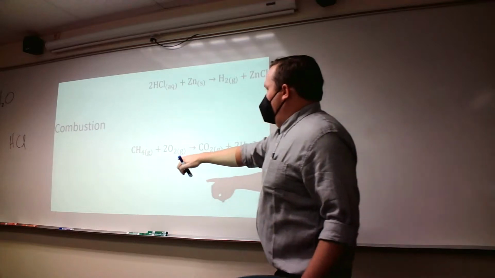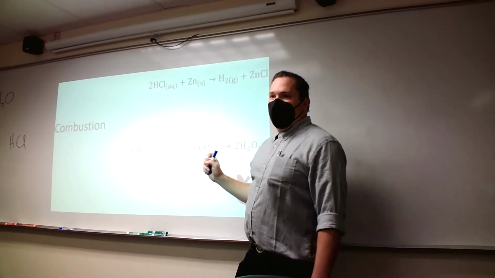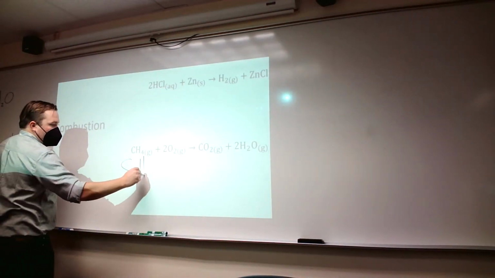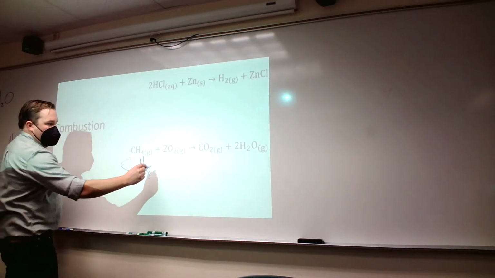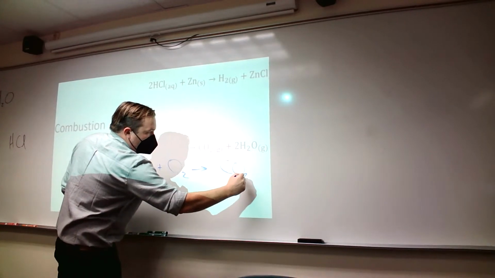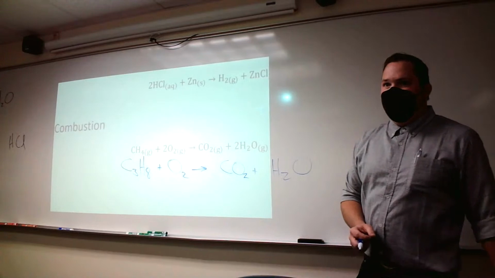Okay, so this is the combustion of methane, and it has this balancing where it's 1, 2, 1, 2. If you did the combustion of, say, propane, it is C3H8 plus O2, but it's still going to go to CO2 and water. We just have to balance it differently.